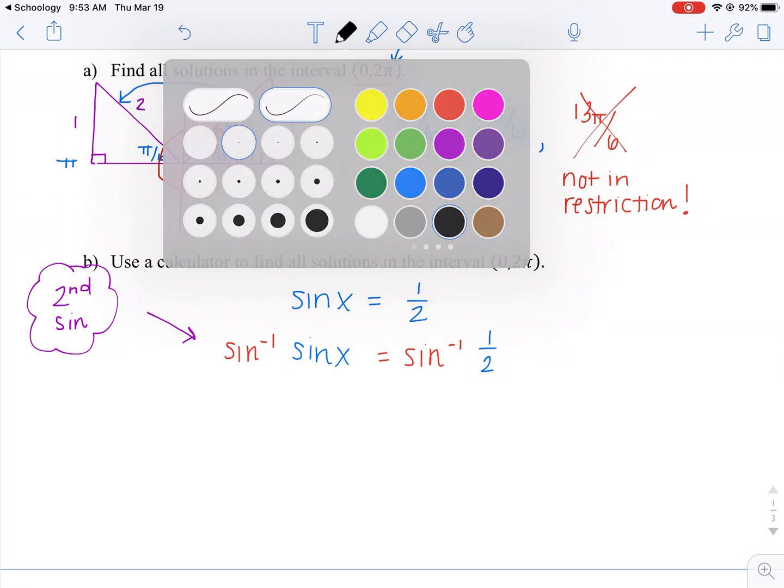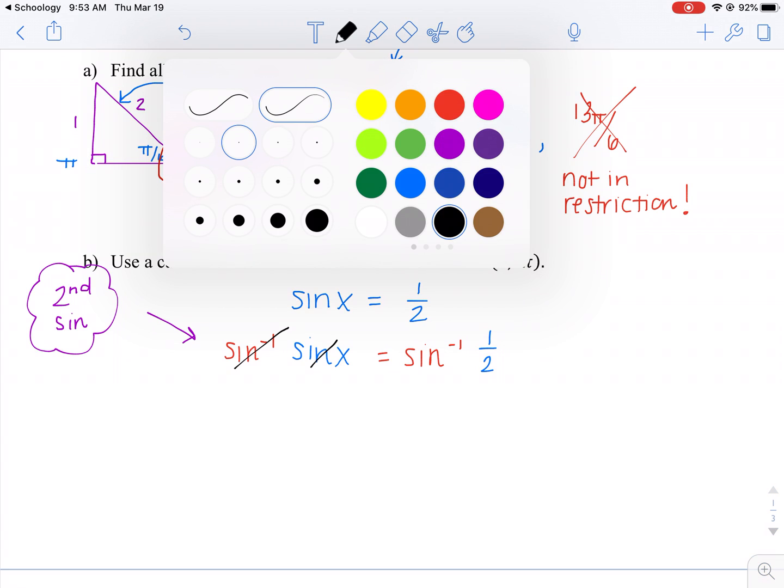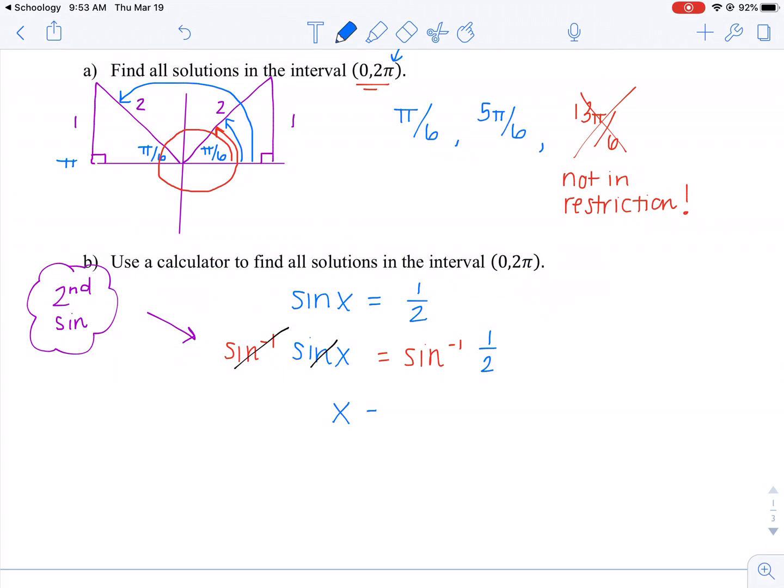The reason why I do this is because these undo, they cancel out, so all I'm left with is x equals the sine inverse of 1/2. If I type that in my calculator, you should get 0.524, which is approximately pi over 6. So look at that. Check, check.